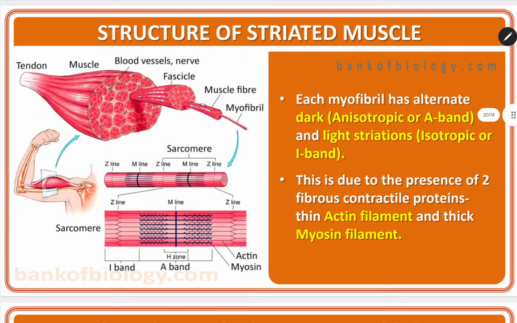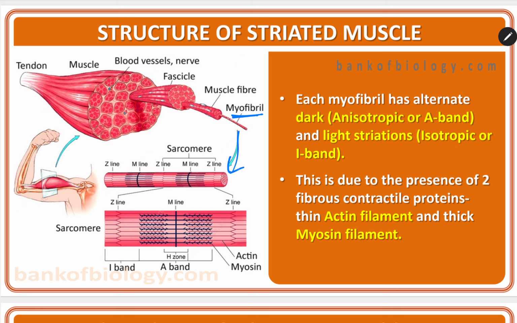Next, each myofibril has alternate dark, anisotropic or A-band and light striations, isotropic or I-band. You can see this portion if you zoom a myofibril, and it looks like this.